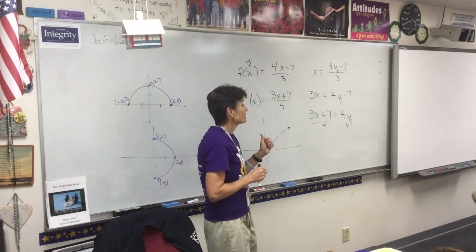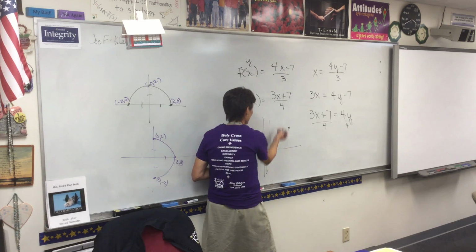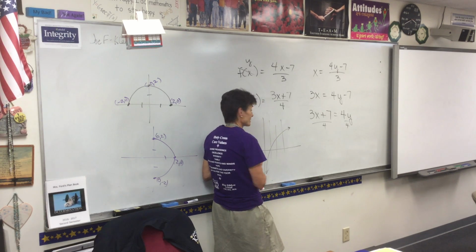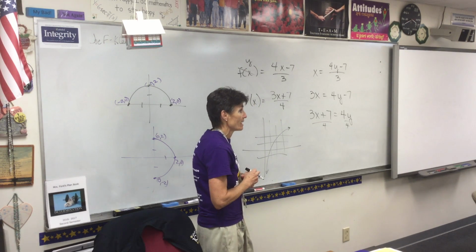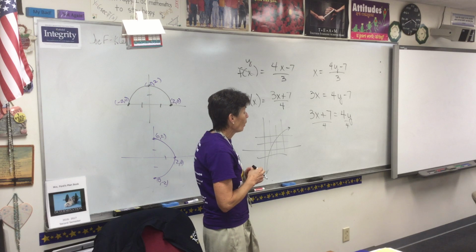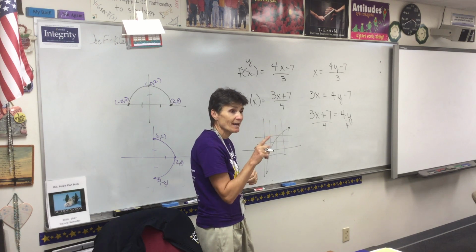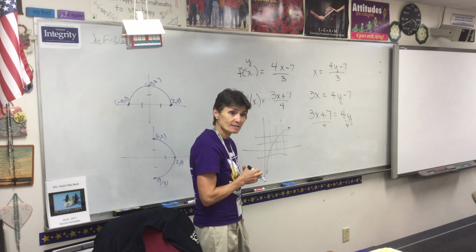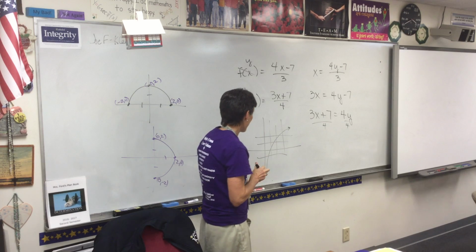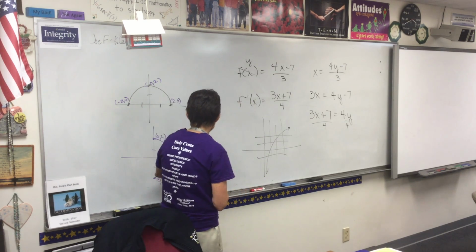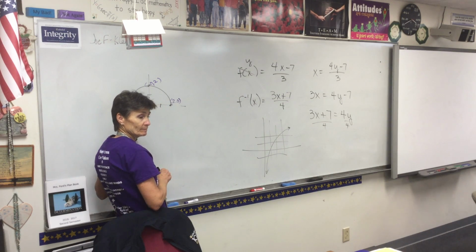Okay, so I heard Caitlin say, yes, it's 1-to-1 because it passes the vertical line test and it passes the horizontal line test. In order to be 1-to-1, you must pass both tests. And it does, so the answer is yes. It is 1-to-1 because it passes both tests. You okay with that? Everyone? Okay.